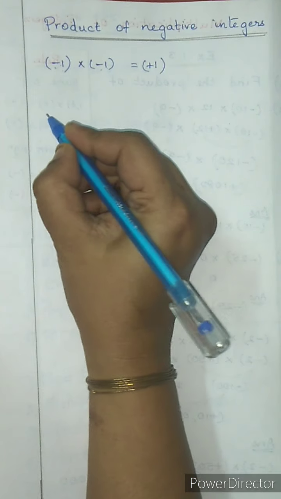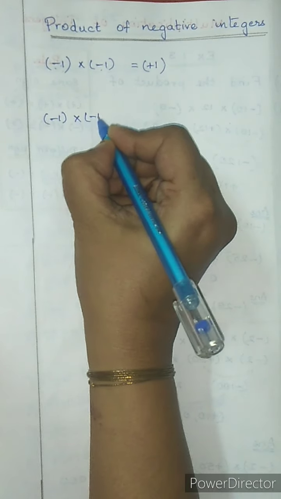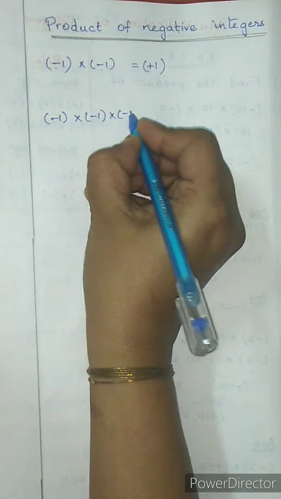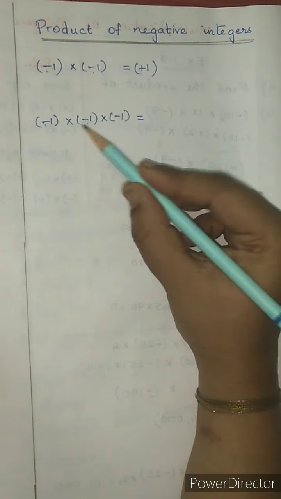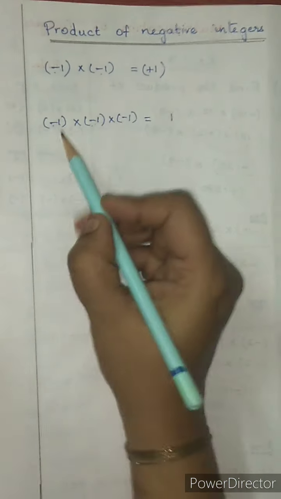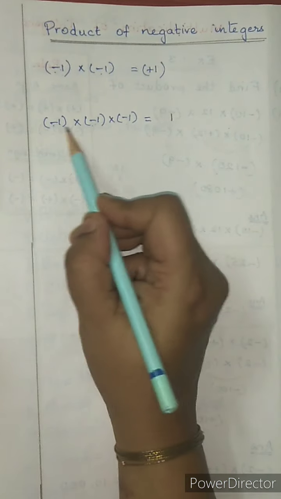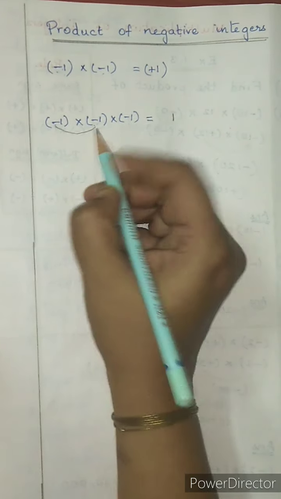When we multiply minus 1 thrice, what will be the product? Whether it will be a negative or a positive integer? 1 into 1 into 1, 1. See to their signs. Minus into minus, plus.